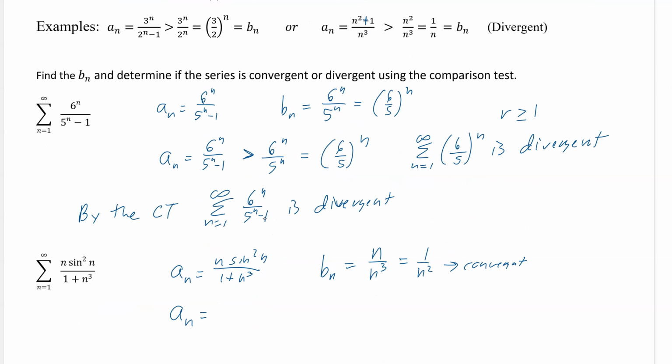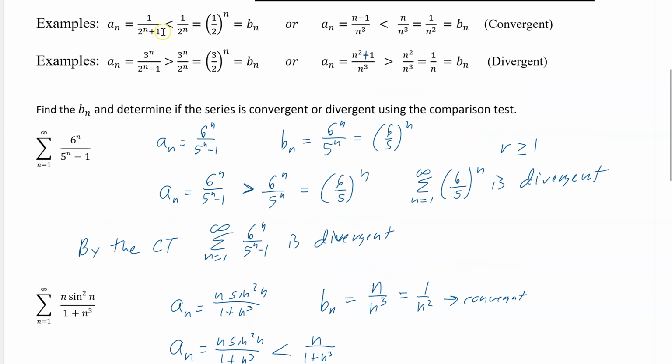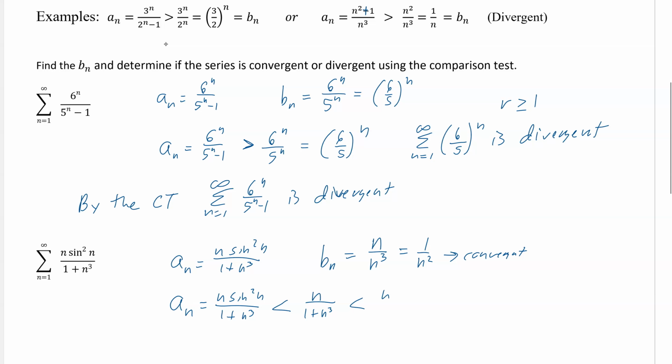So our a sub n, which is n sine squared n over 1 plus n cubed, is less than, right? And I'm going to get rid of just that sine. So 1 plus n cubed, just so that we have it. And then we make sure that we can do that bottom. So again, if you're adding something to the bottom of the fraction, that would make that fraction smaller. So that means this is less than n over n cubed, which is 1 over n squared.